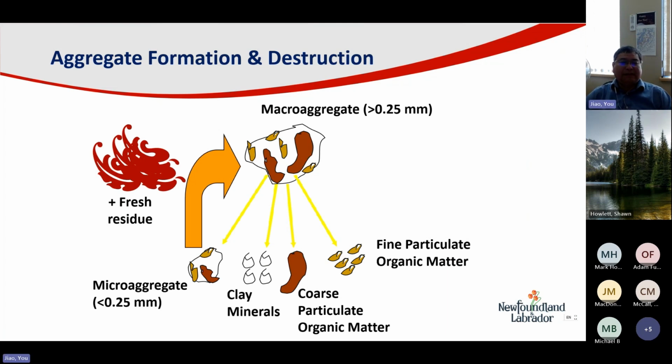The aggregate: when we see the soil, normally we see chunks, and some of the big chunks actually consist of fine particles, either fine particulate organic matter or coarse particulate organic matter, and the clay minerals and the micro aggregate, plus the fresh residue, like the plant root material, the manure, compost.